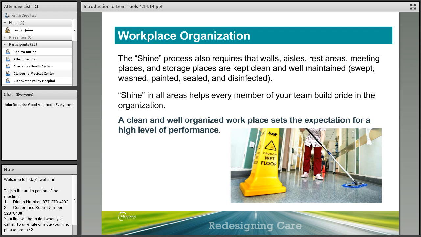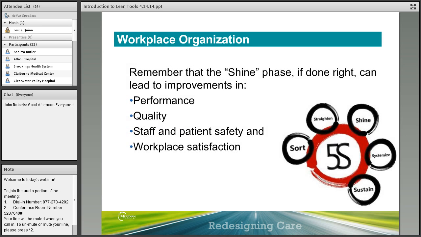The set in order phase really gets to the heart of wasted time and motion because our supplies are where they need to be. They're easy to access, and hopefully we put them in a position where we're not running all over. They're in a sequence that we can use to get the particular task or process done.